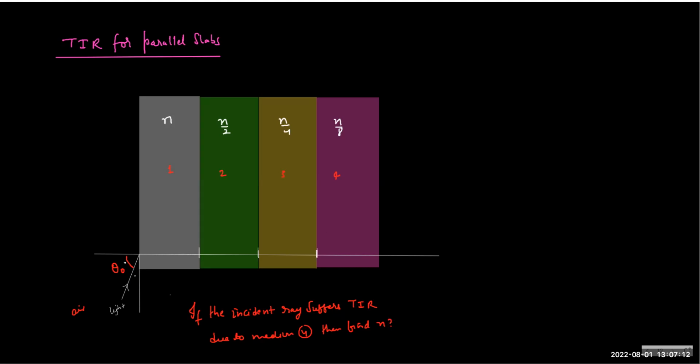If you draw the ray diagram, the light is incident like this and will bend towards the normal. Then will it bend away or towards the normal? Tell me, guys. And it suffers TIR like this.